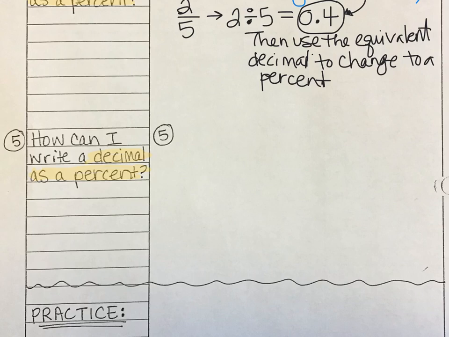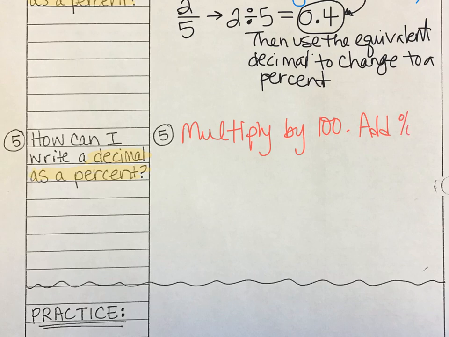And we will make that decimal now into a percent by answering question 5. In order to take a decimal to a percent, you're going to do the opposite of what you did on the front side to make a percent a decimal. And that was question 3. So to make your decimal a percent, you need to multiply by 100, and then you need to add your percent symbol.